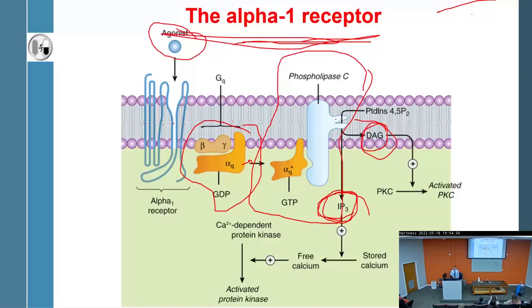Okay? And what will be the cellular effect? Well, there are many effects of activation of alpha 1 receptor, and all of those are mediated by an increase in intracellular calcium and the activation of some protein kinases. Protein kinases are a very important enzyme. What they do is transfer a phosphate group, usually from ATP, to a protein in a process called phosphorylation.